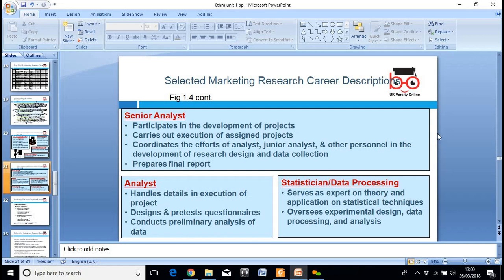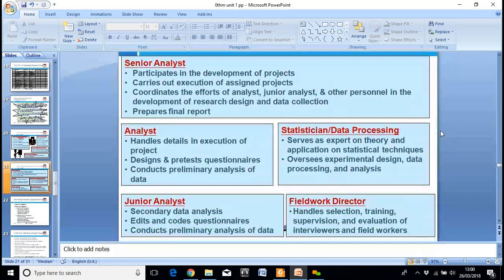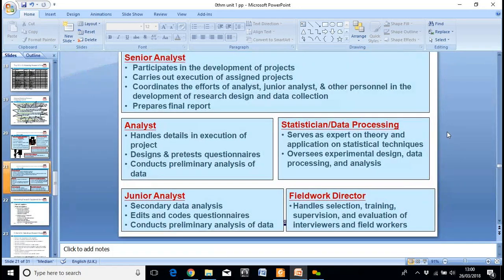That is primary data, yeah? Looks at secondary data analysis, edits codes and questionnaires, conducts preliminary analysis of data. The fieldwork director handles the selection, training and supervision and evaluation of people who are going to do the interview and do the fieldwork.